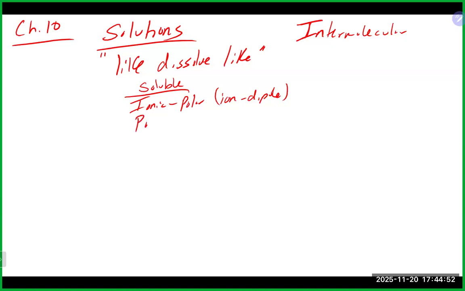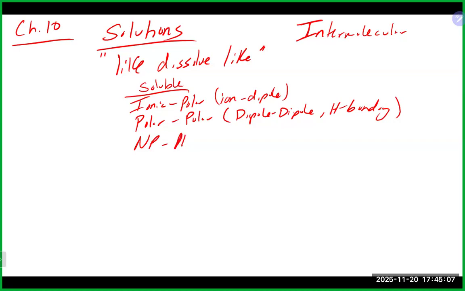If you've got a polar molecule and a polar molecule, they will either use dipole, or they may use hydrogen bonding. And if you have nonpolar and nonpolar together, they also will be soluble in each other, as they will use dispersion forces.